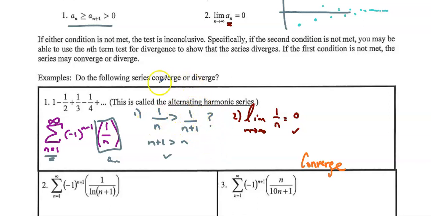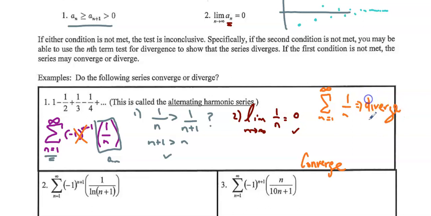Now, whether or not it is absolute versus conditional actually depends on our a sub n. So what I tell students to look at for this is let's ignore this piece right here, and let's just look at this series as a separate problem. So we're just looking at what a sub n is doing. All right, so we just look at this little piece right here, and we all know that this is actually going to diverge.